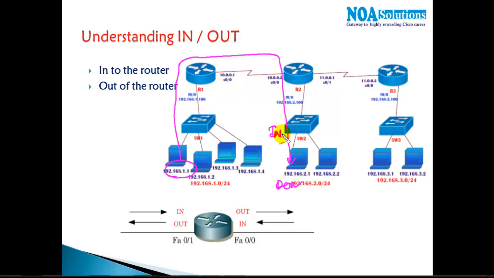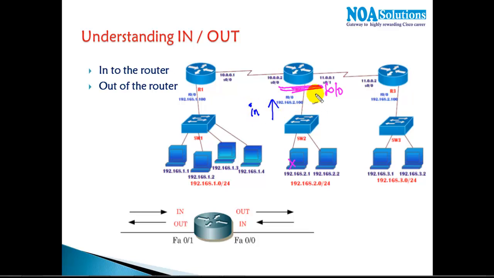That's wrong, because the ACL is not on the LAN, it is on the interface. I'm implementing on this interface. Anything coming towards the interface where you implement the ACL is in, and anything going away from the interface is out.